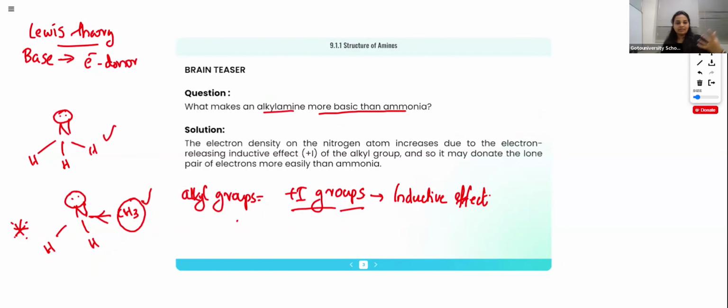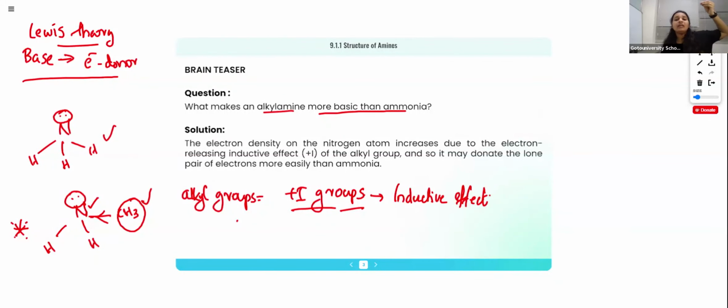So what will happen? Already nitrogen has more electrons. When the CH3 group is again giving electrons, there is more electron density on the nitrogen atom, and it has a tendency to give those electron pairs. It has a tendency to lose those electron pairs. According to Lewis theory, electron donors are bases. So when an alkyl group is there, the electron donating power of these amines will increase. Because more electrons are concentrating on this nitrogen, it has to leave that electron.